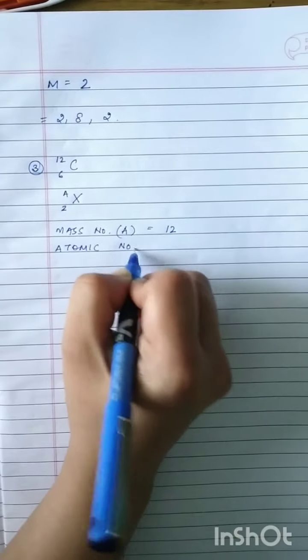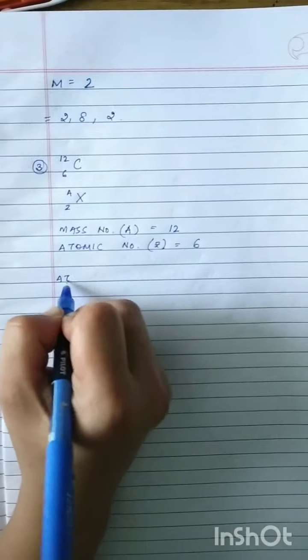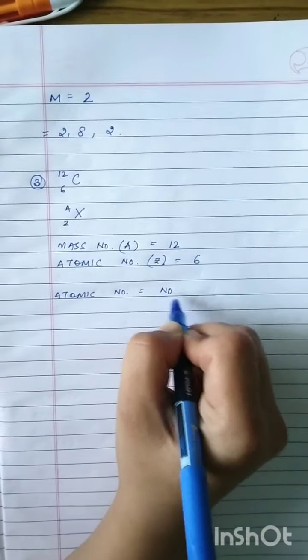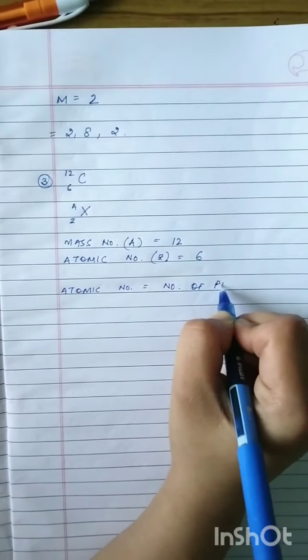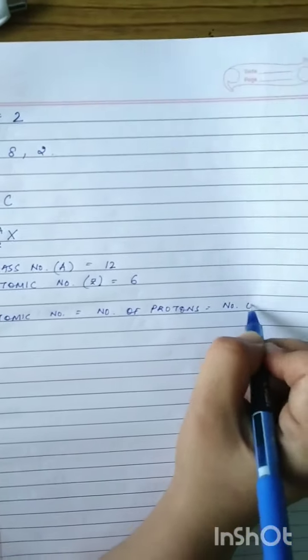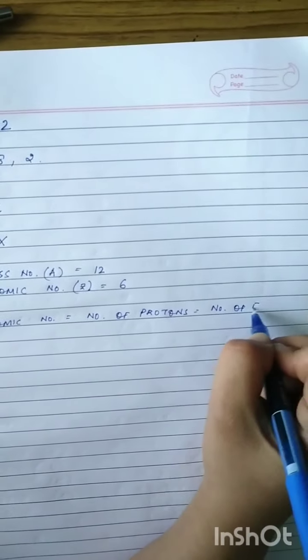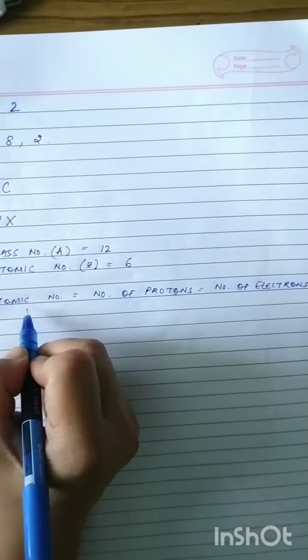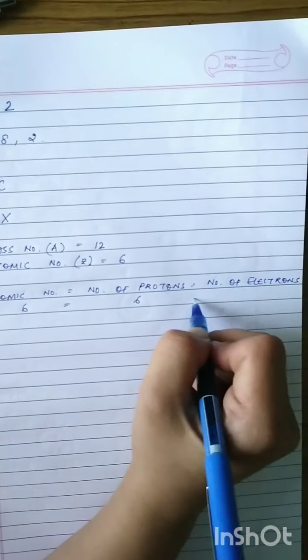Atomic number Z equals 6. Atomic number equals number of protons, which is equal to the number of electrons. So atomic number is 6, so number of protons is also 6, number of electrons is also 6.